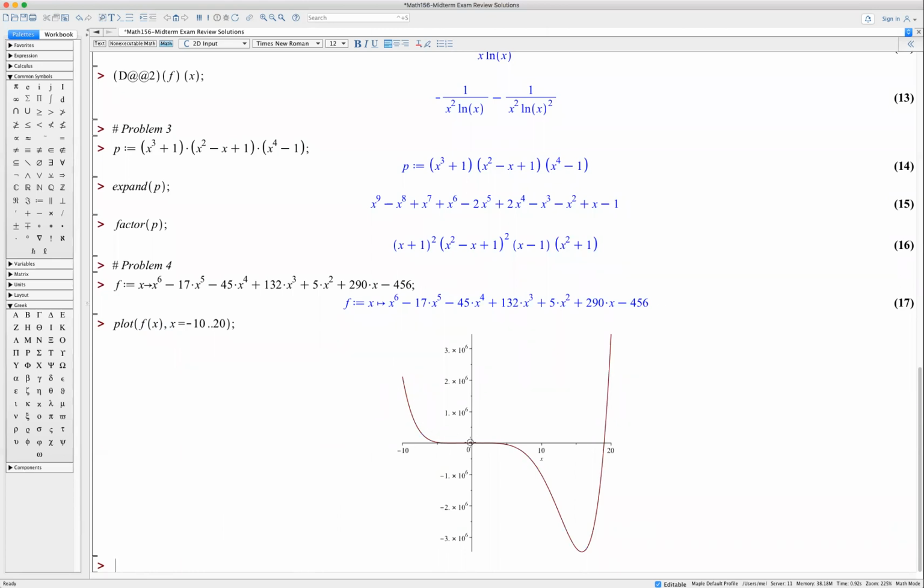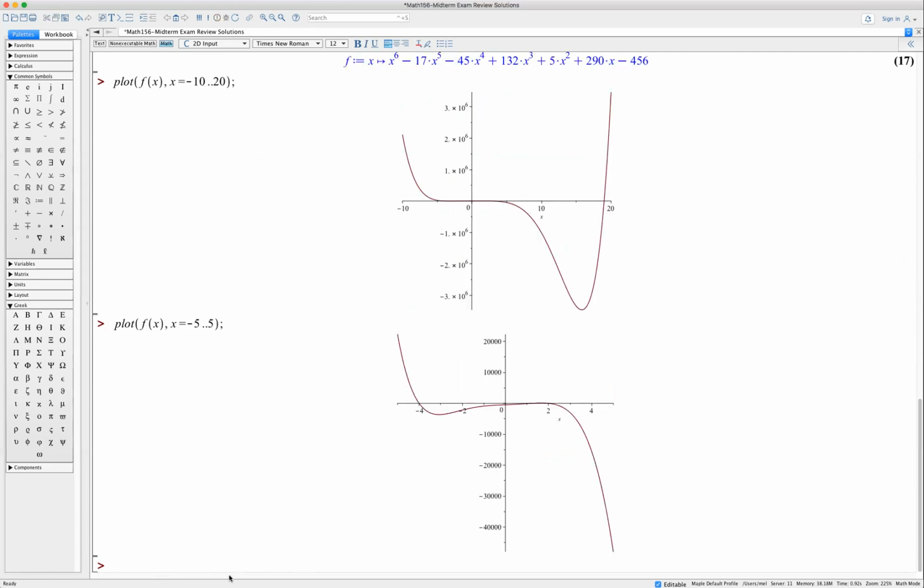It comes down, does something in here, and then it goes back up again. If I plot it from -5 to 5, that's sort of what's going on in here.